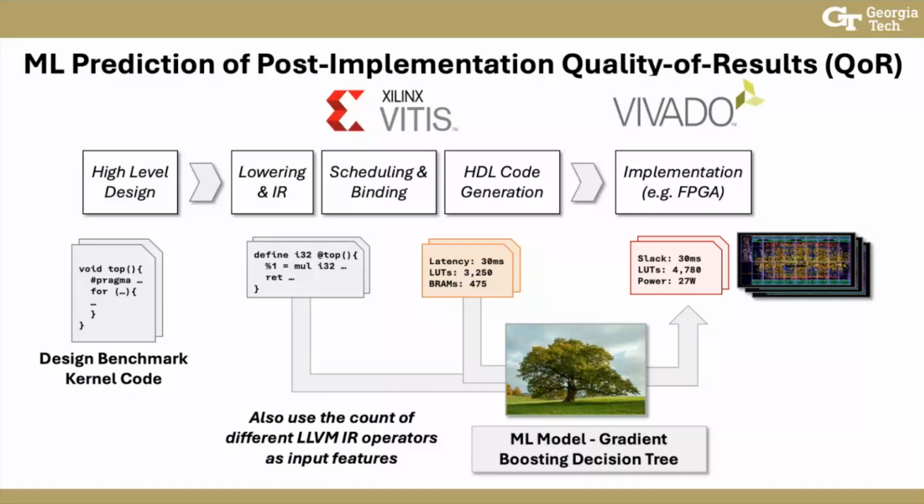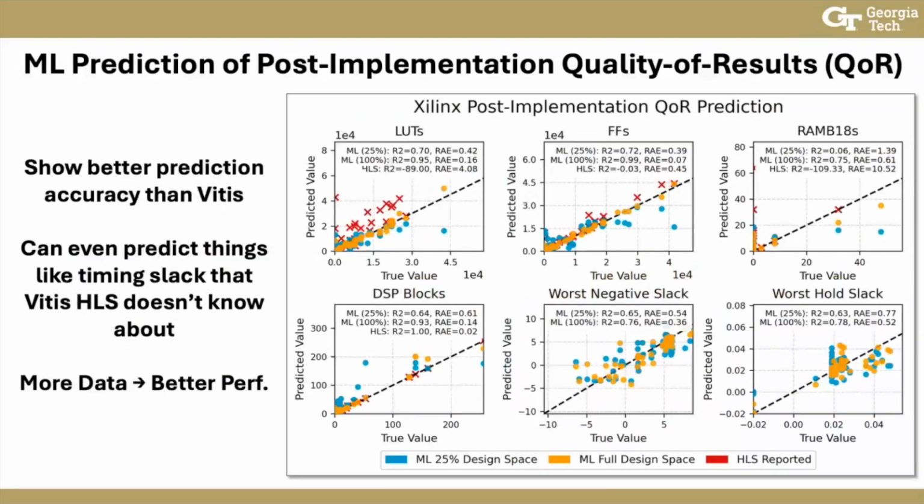And in this case, there are even metrics like slack that you're not able to actually predict or estimate at the HLS level as well. But in summary, we can show that we can close the gap between the HLS reported metrics and the Vivado implemented metrics with this kind of model.